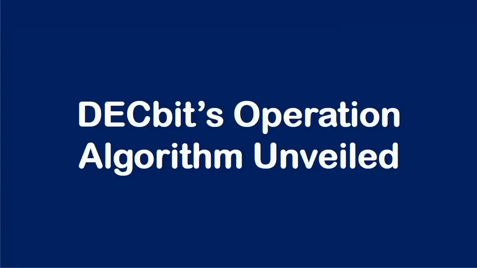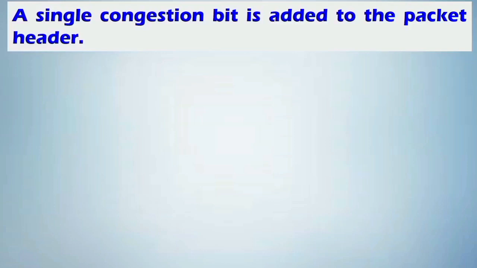Next, we will explore the algorithm outlining the operation of DECbit, specifically focusing on how congestion is determined and how the congestion indication bit is set in the packet header. A single congestion bit is added to the packet header.